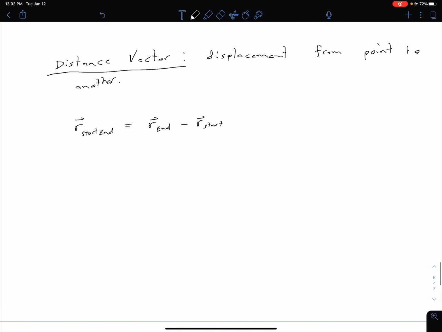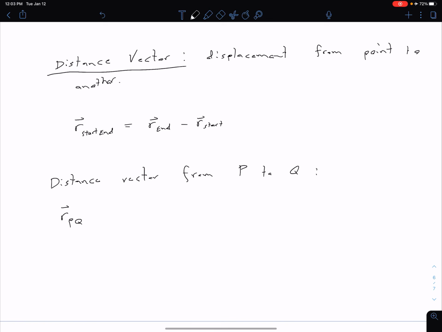Again, our position vector is just a special case of that distance vector. So let's say we want the distance vector from P to Q. Notice these are just points, they don't have any arrows above them. We can find that as r sub PQ, because we're starting at P and going to Q, so that's our start and end.